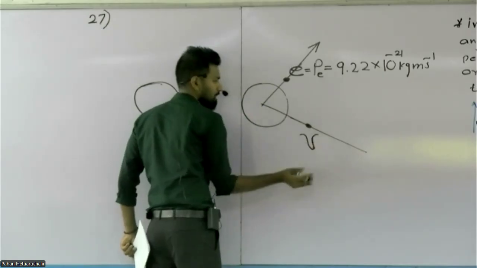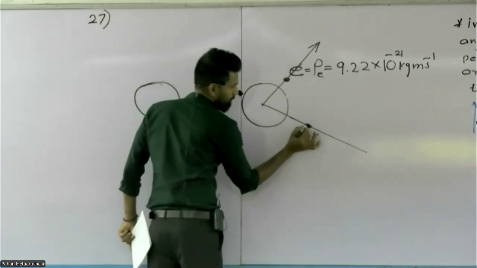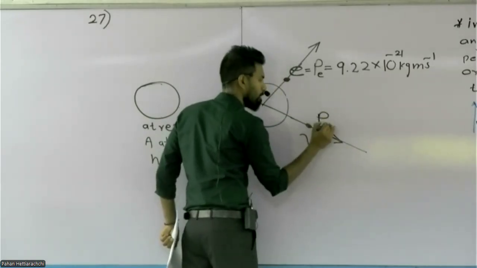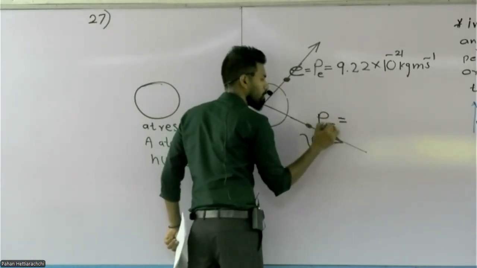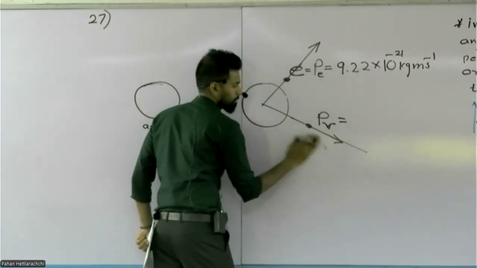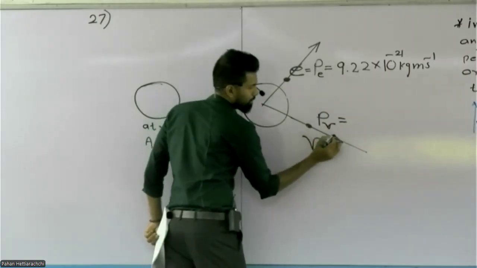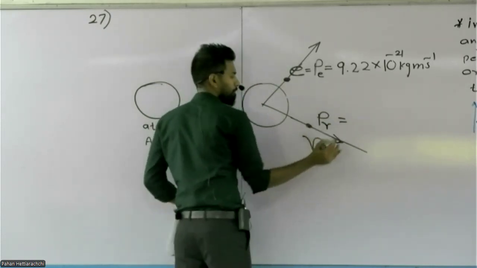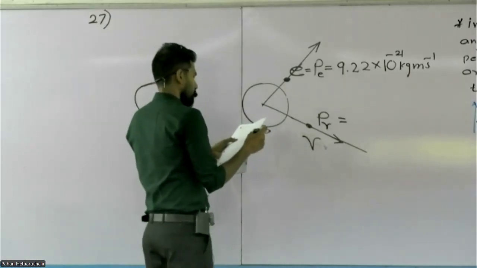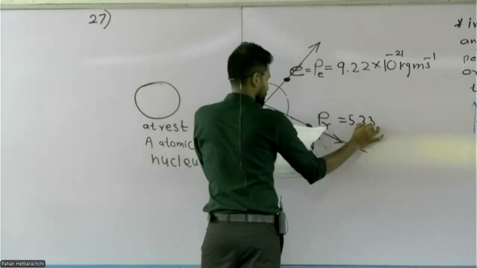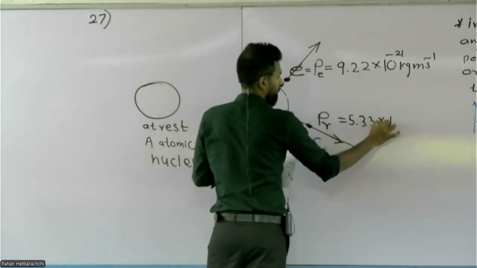What is the momentum of the neutrino? It is 5.33 into 10 to the power minus 21.